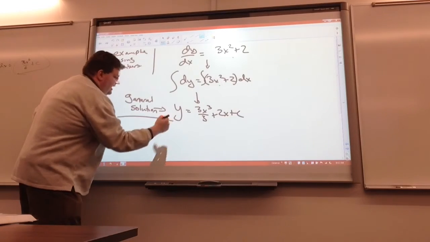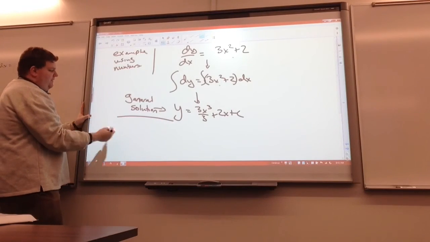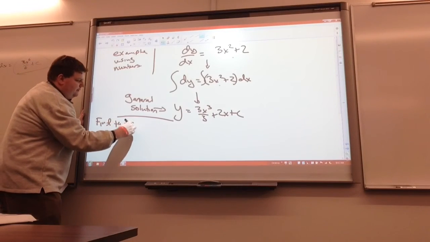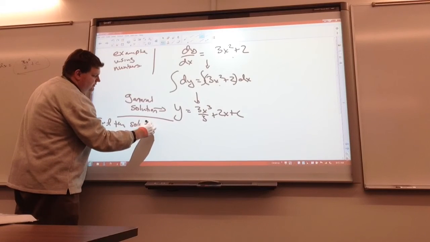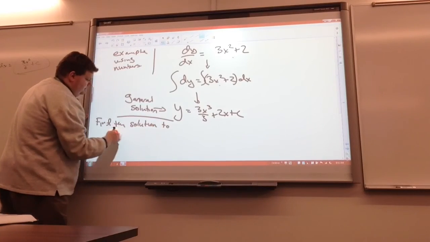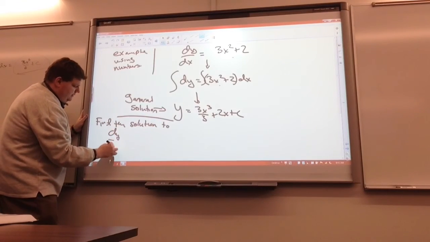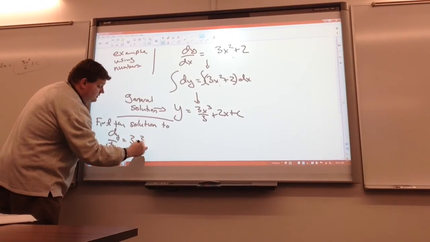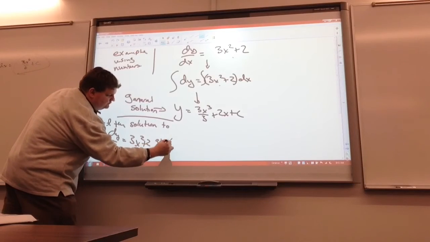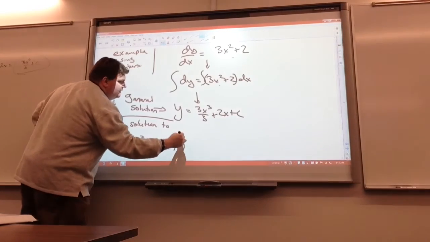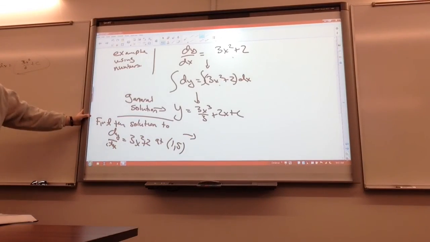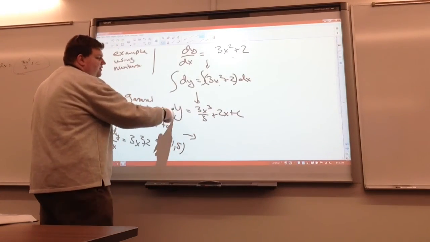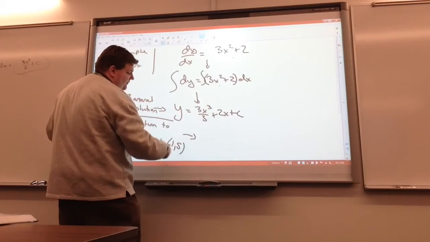If I ask for a specific solution, so let's find a solution, what I would do there is do the same exact thing, but replace the y and the x with their various numbers.